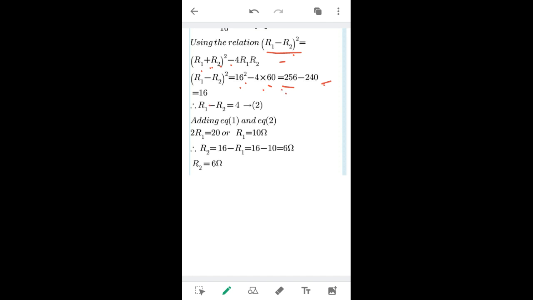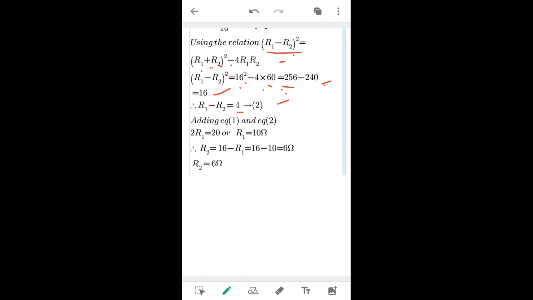When we subtract these two, you get 16. Then if we take the square root of this, R1 minus R2 is the square root of 16, you will get 4. Let us consider this as equation number 2.